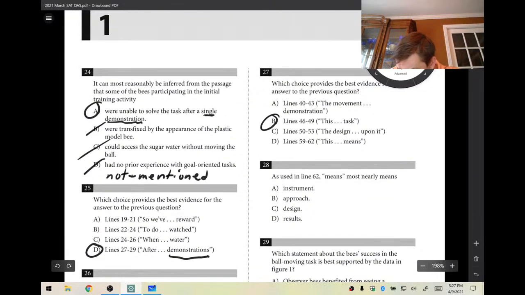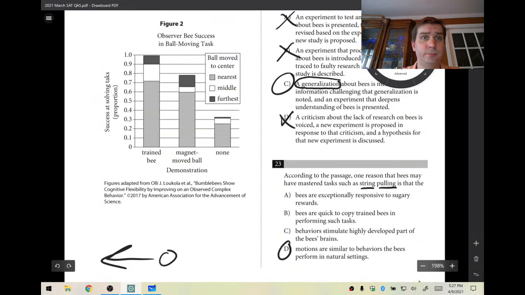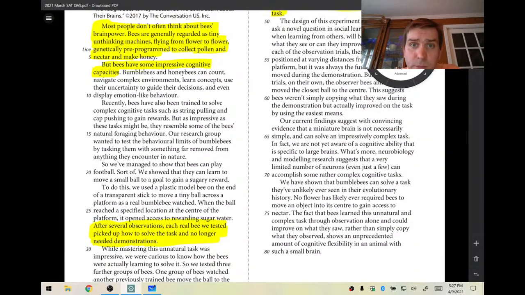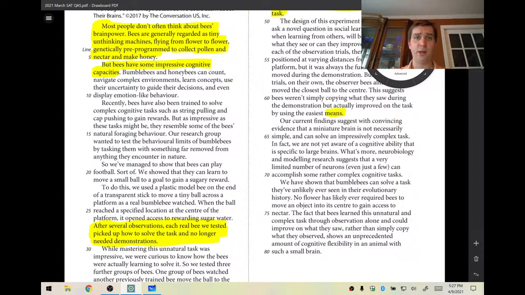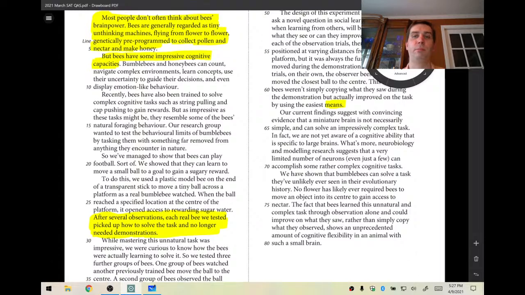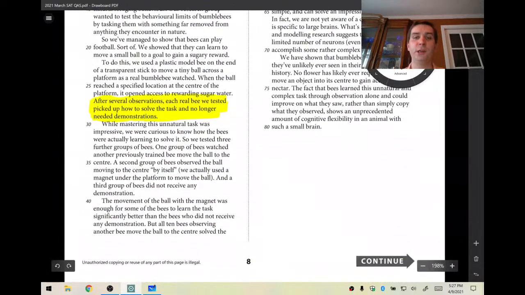So that was 27. Now we're on 28. Here's a vocab question. What does means mean in this sentence? Let's look at 62. Here's means. This suggests bees weren't simply copying what they saw during the demonstration, but actually improved on the task by using the easiest means, by going to the closest ball.